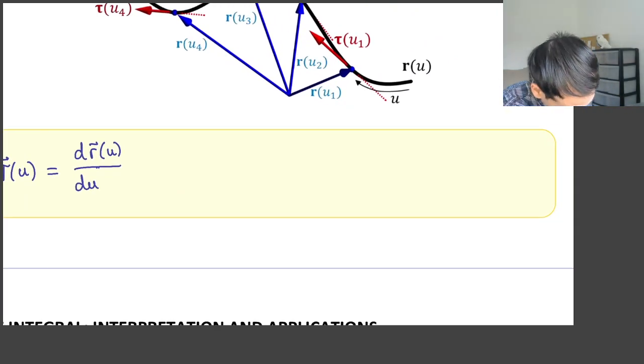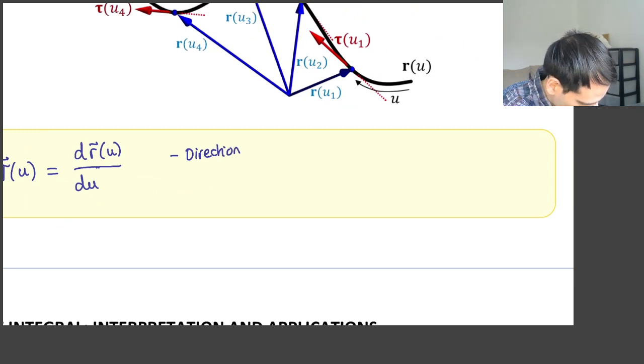We know that the direction of tau is tangent to the curve.